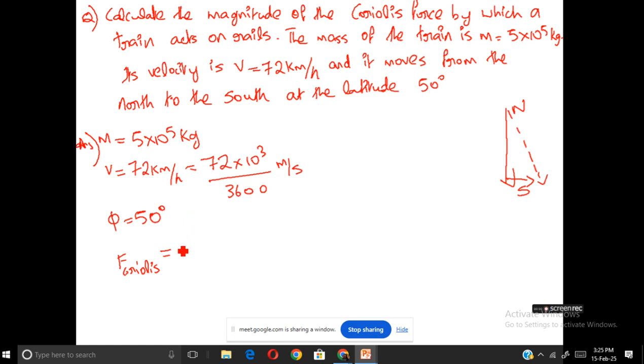So along the x direction, as we saw earlier, the component of Coriolis force is basically 2 omega v sine phi into mass, velocity.